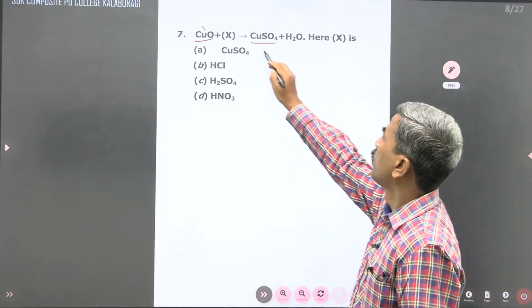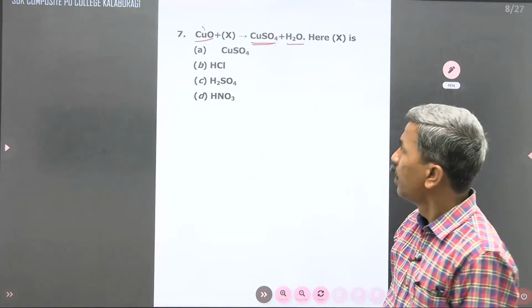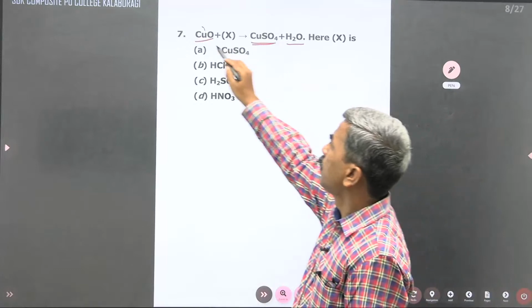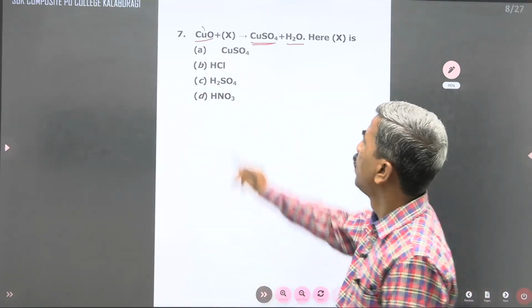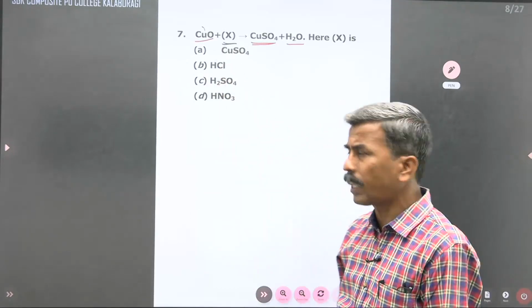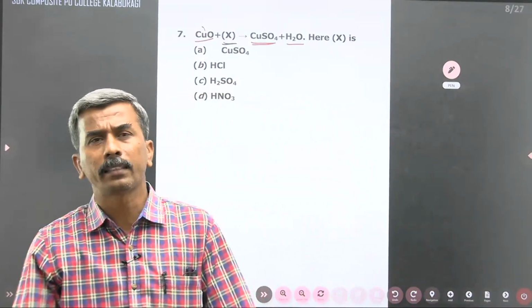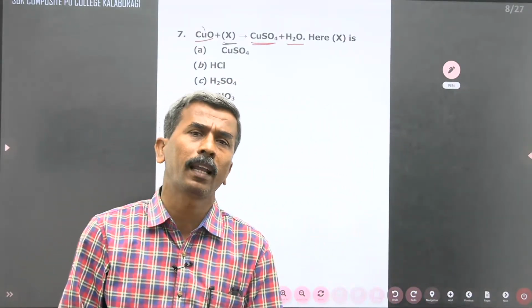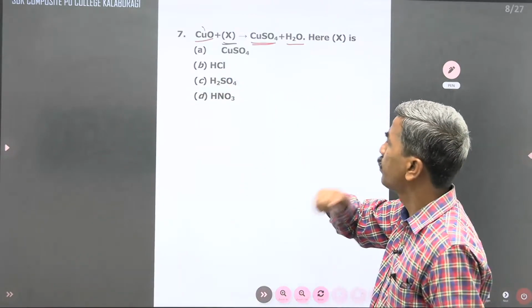Remember, water is a byproduct, and copper sulfate is the salt. Generally, these oxides, not all oxides but some of them, are basic in nature. That's why this X must be an acid. Yesterday I discussed the reactions of acids and bases with metallic oxides, and this reaction is from there.